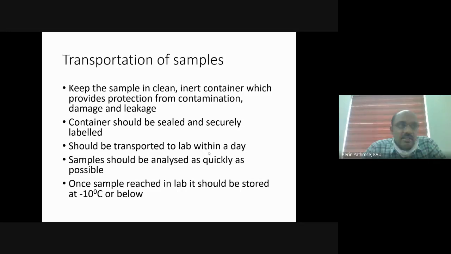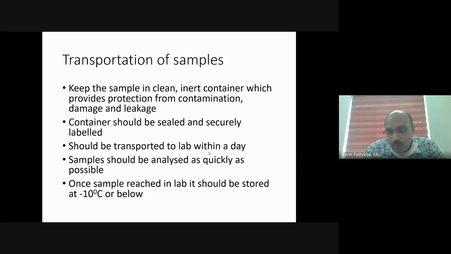If the lab has a heavy load of samples to be analyzed, or one of the instruments is down and we can't analyze right now, then we should store the samples at minus 10 degrees Celsius, so that the degradation of pesticides is arrested.